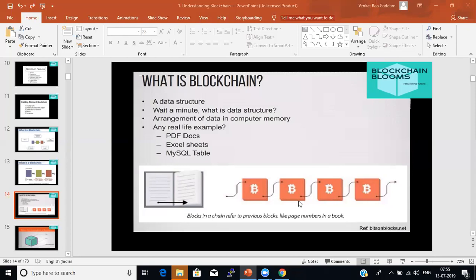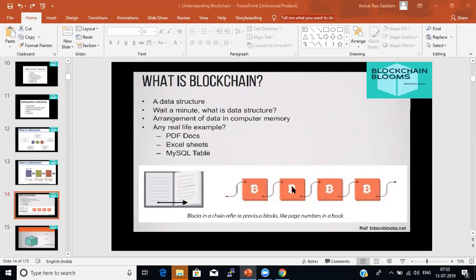Once again, I will repeat. Let us assume there are 100 transactions in the second block, and this block's hash code will be used in the third block. The second block hash code is nothing but the first block hash code plus the data of the second block, here 100 transactions.